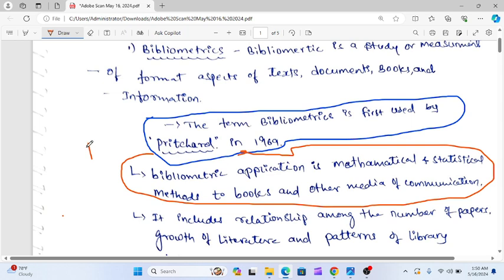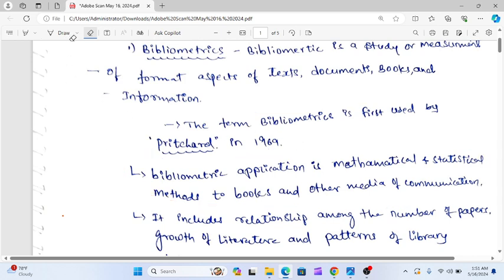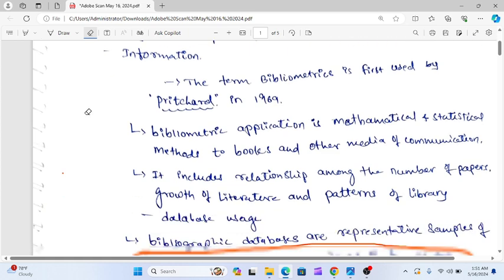This term is coined by whom? Pritchard. Okay, Pritchard coined this term in 1969.